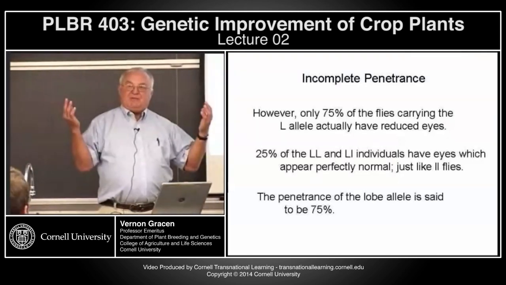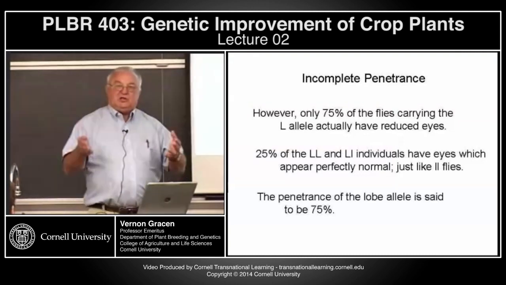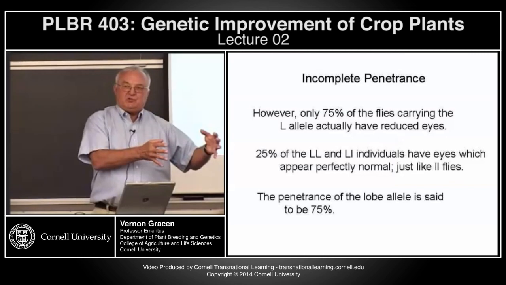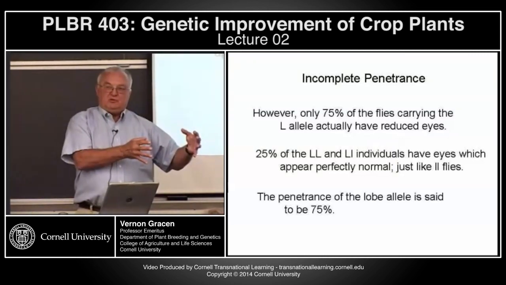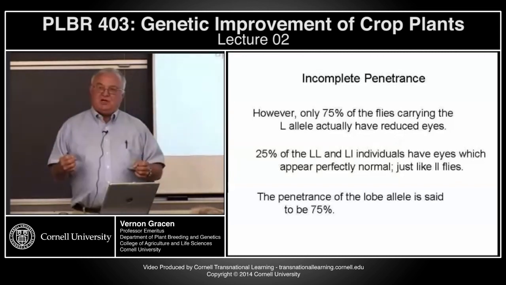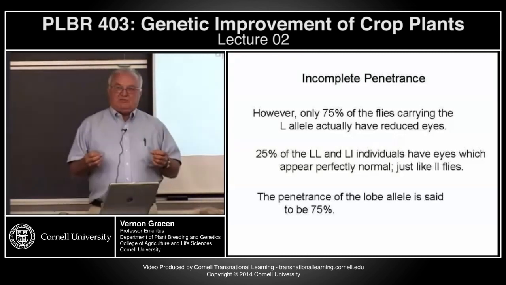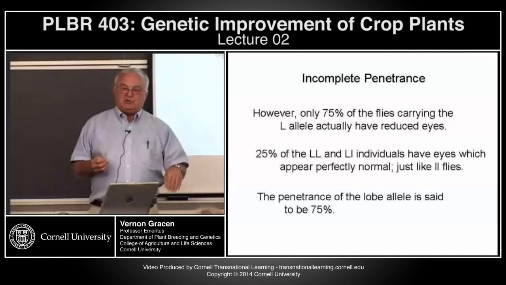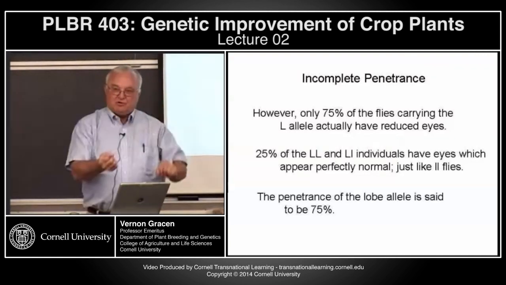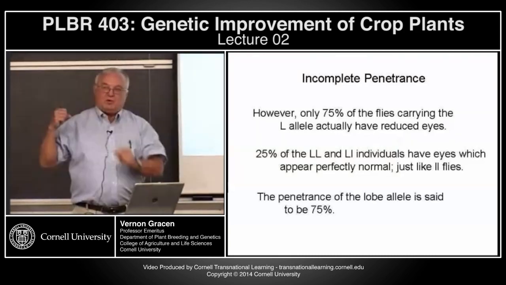three-quarters of them, or 75% of them, carry a single dominant gene, but only 50% of them show the trait. So if you do a molecular analysis of those flies, 75% of them carry that gene, but 50% show the reduced eyes, and 25% of that 75%, a third of those individuals, show normal eye development.